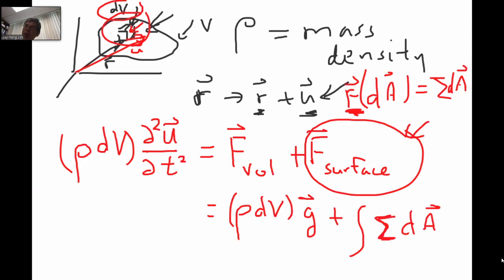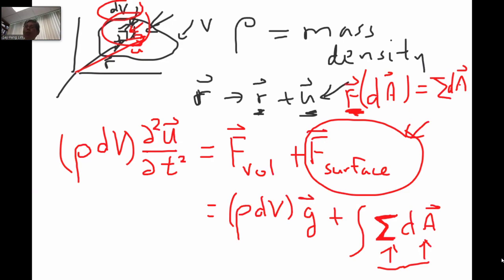I can't write it bold, but remember, this is a tensor. This is a 3 by 3. And so you have a tensor 3 by 3 multiplied by a vector. So this is a vector quantity.